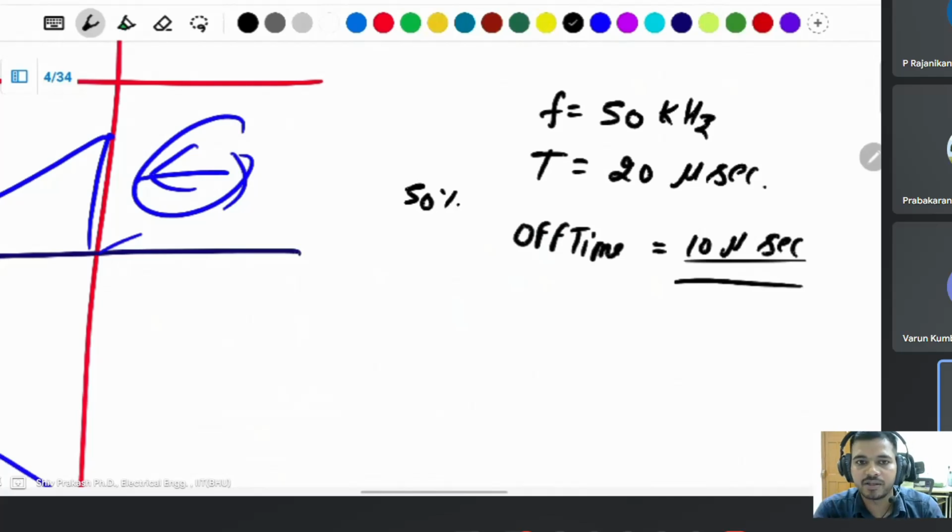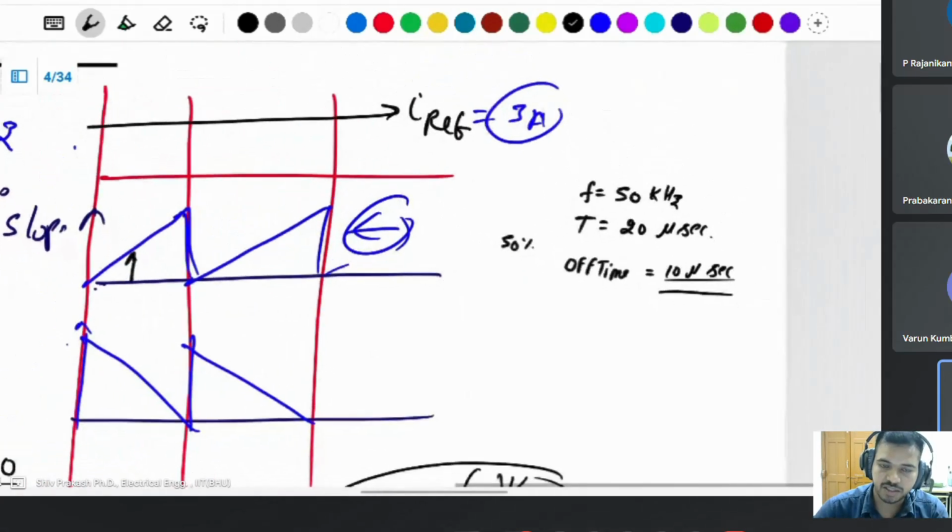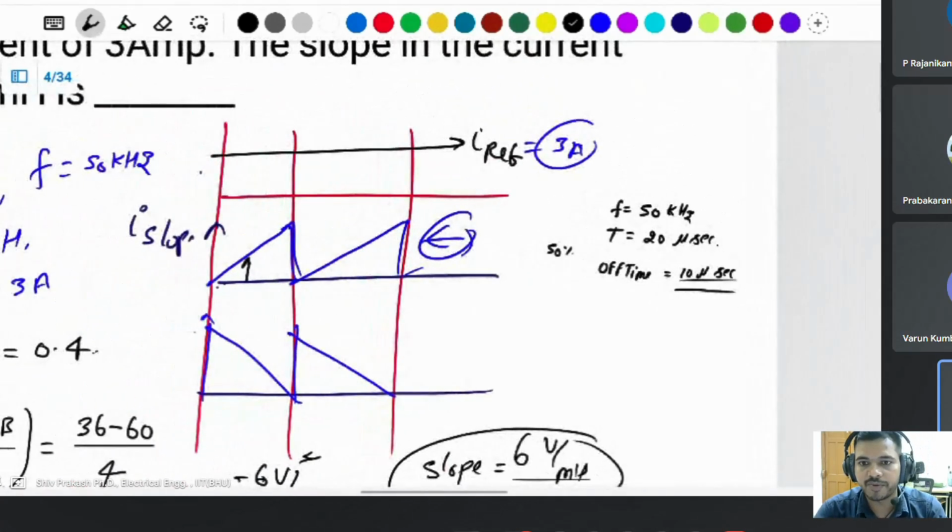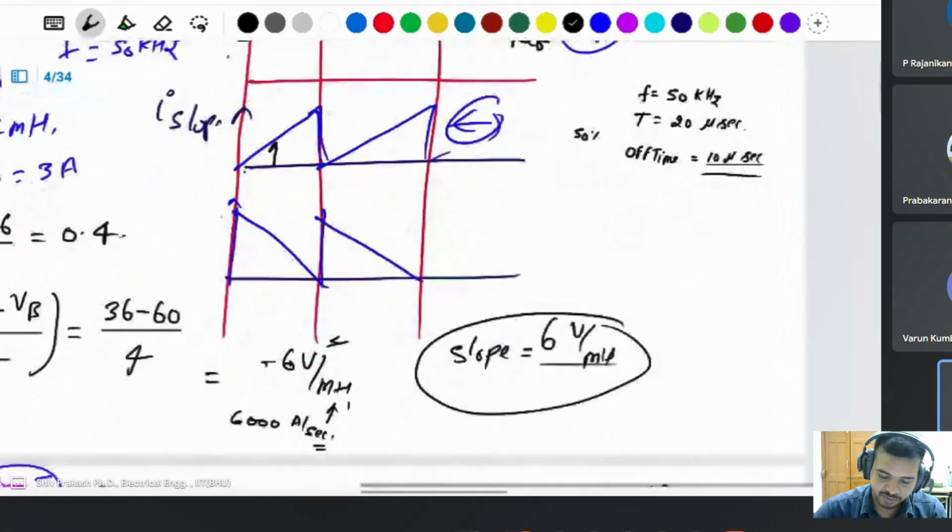You operate the converter in off time only 10 microsecond, which is very high. That's why there is ripple current. So in hardware on the scope, there is a slope of 3 ampere, 4 ampere, 10 ampere only, not 6,000 ampere per second.